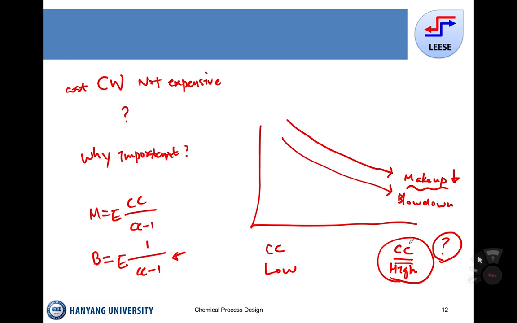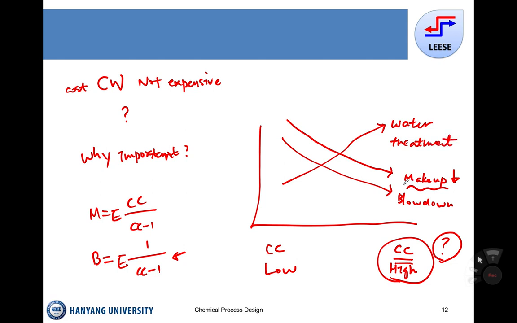Then the high CC means the contamination in the water circuit is high. So in other words, water is very dirty. So compared to low CC, in the high CC range, we need to increase water treatment.